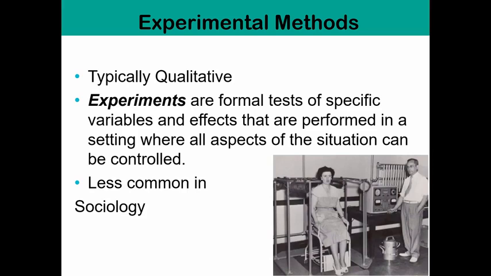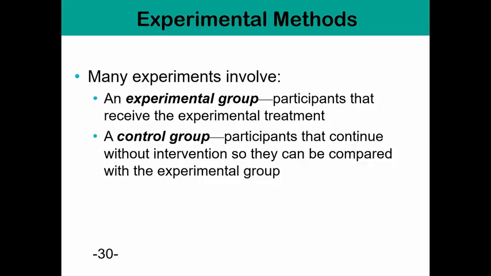As I've said before, experiments are less common in sociology, namely because as sociologists, we tend to think that we really need to take all variables into account. We need to live in the real social world. So as such, many sociologists don't really think experiments are good to be done, namely that they're not really that valid, if you will. However, some sociologists do use experiments.